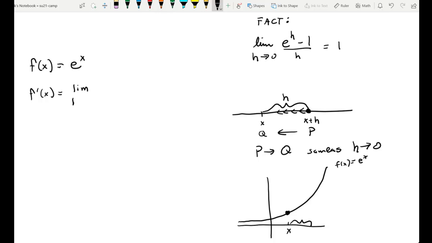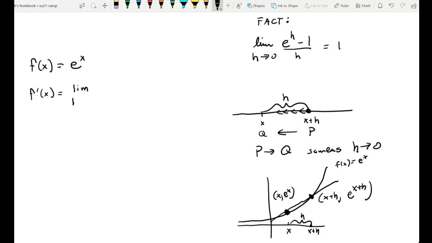We're moving over some amount h to a new point that, of course, is going to be x plus h. And so we're going to get a secant line through the graph of our exponential function, x plus h, and then our exponential function for the y value. And this point would be x and e to the x.